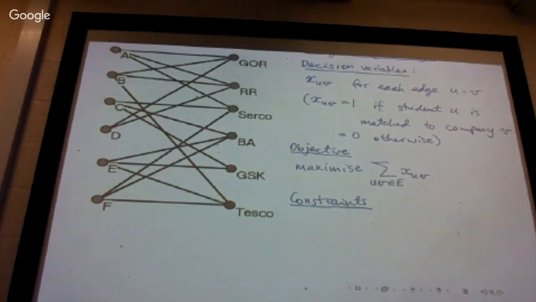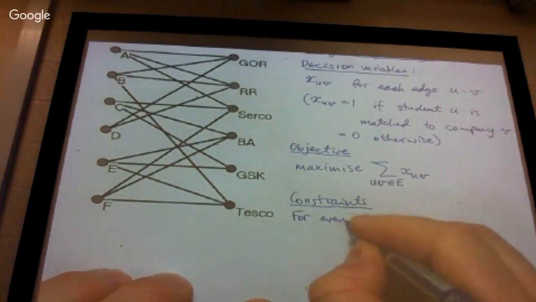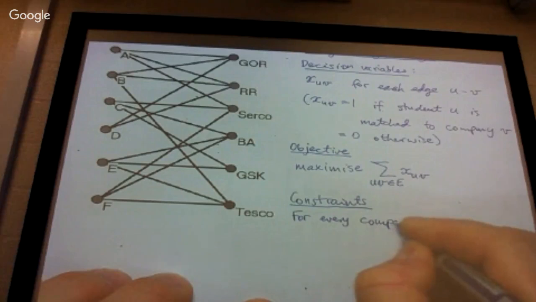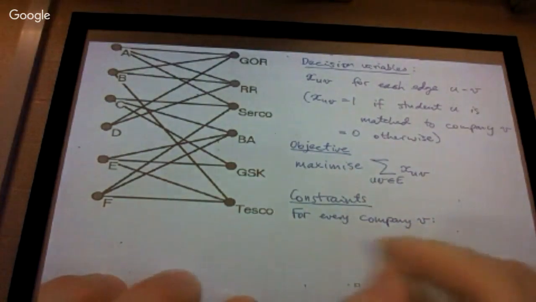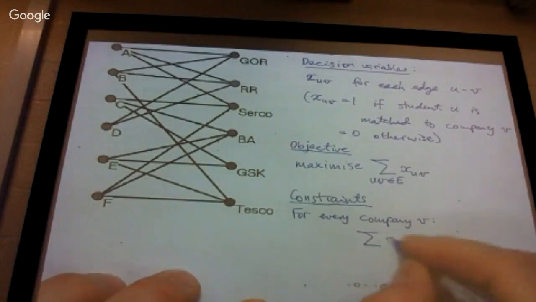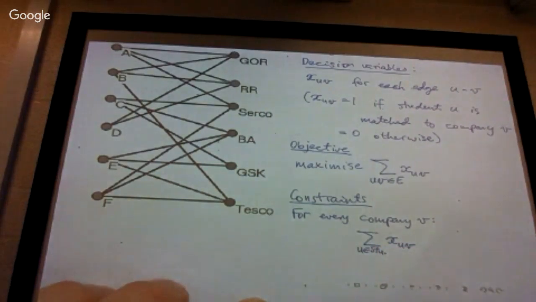That's true. So for every company, which we call v, you want that the sum of all the x_uv over all the students, where this edge exists, is no more than 1.